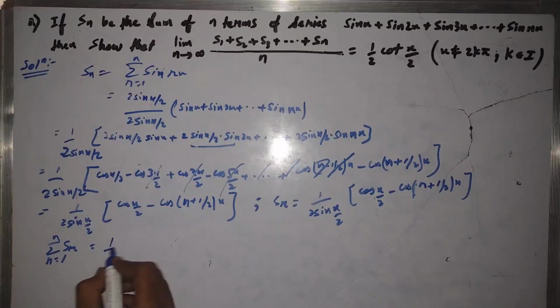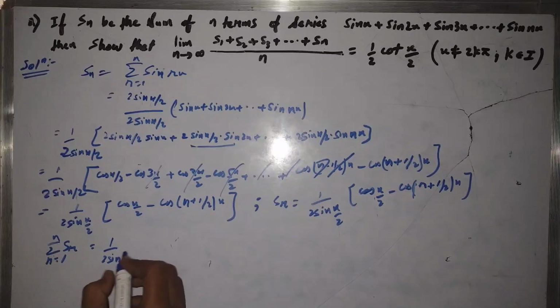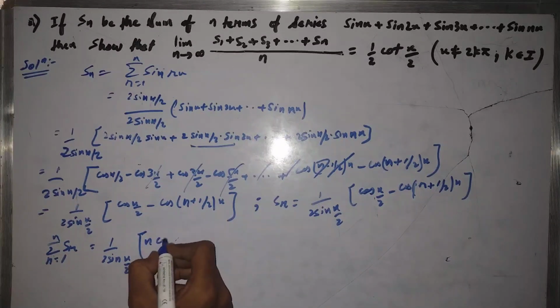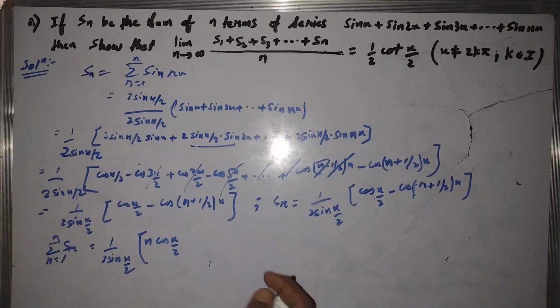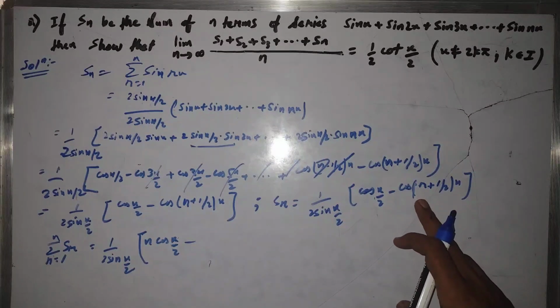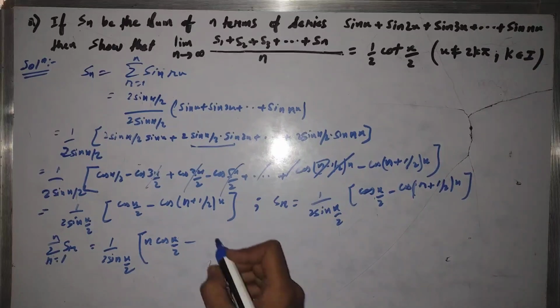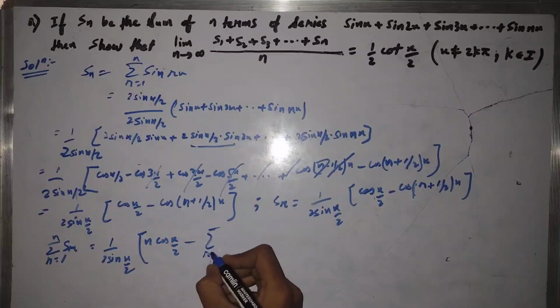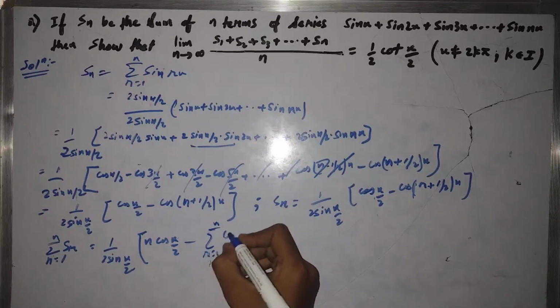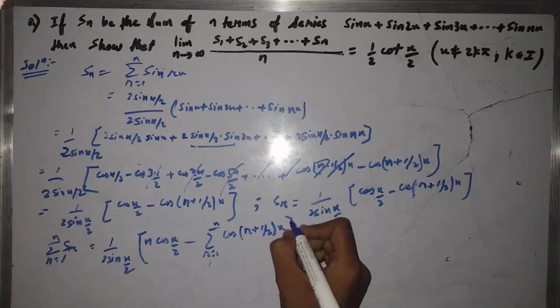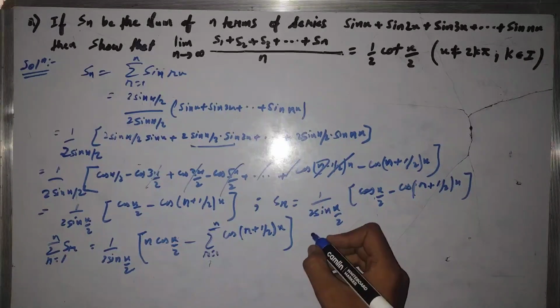Then it would be 1 upon 2 sine x by 2, and the summation of cos x by 2, n times, is n times cos x by 2, minus the summation of cos of r plus half into x, for r equals 1 to n.